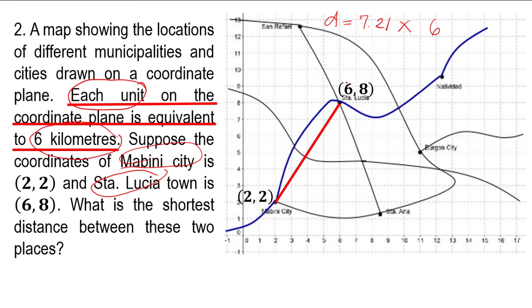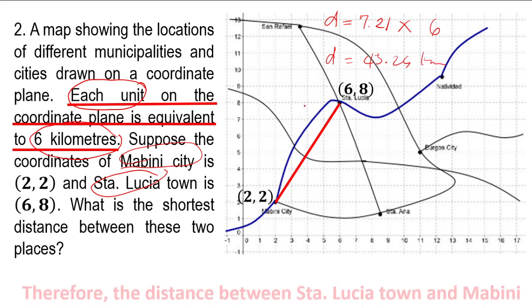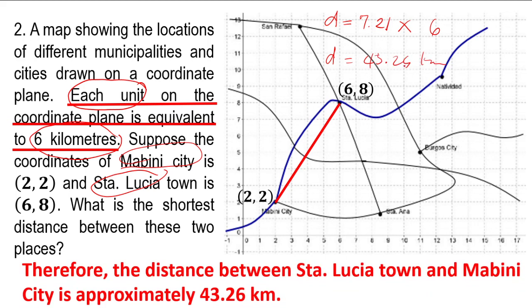Okay? So, 7.21 times 6 is equal to 43.26 kilometers. Therefore, the distance between Santa Lucia town and Mabini City is approximately 43.26 kilometers. So, yun yan.